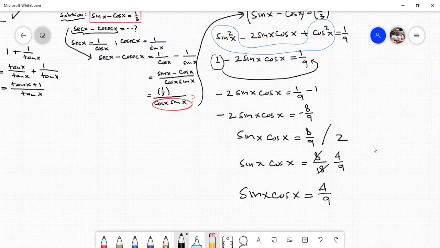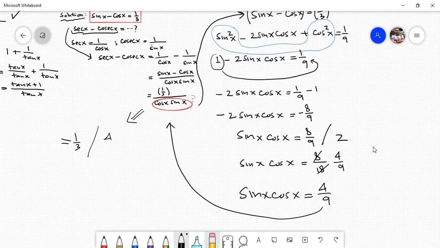Then we come back here. This becomes 1 over 3 divided by 4 over 9. And simply we have 1 over 3 times 9 over 4. This is 3, so we have 3 over 4 as the answer.